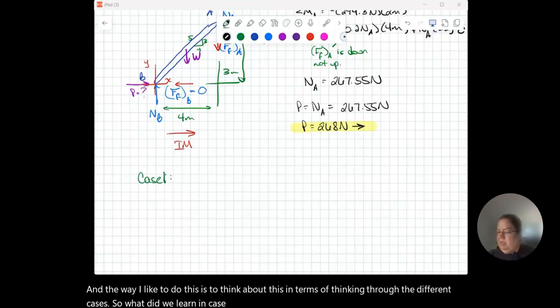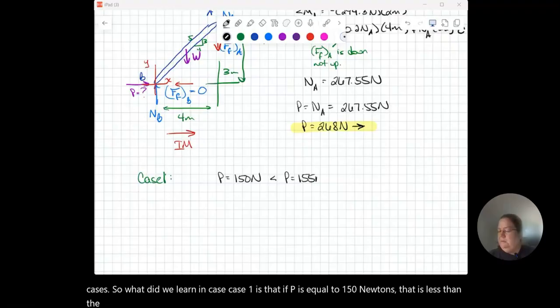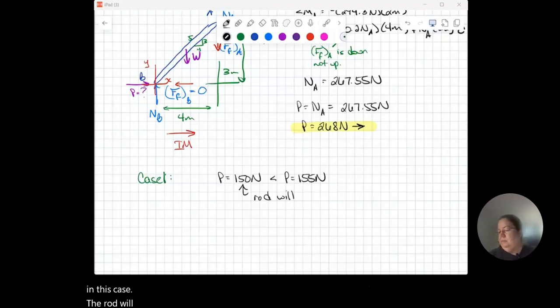If P is equal to 150 newtons, that is less than the critical minimum P of 159 newtons. So what that means is if P is equal to 150 newtons, the rod will slide down.